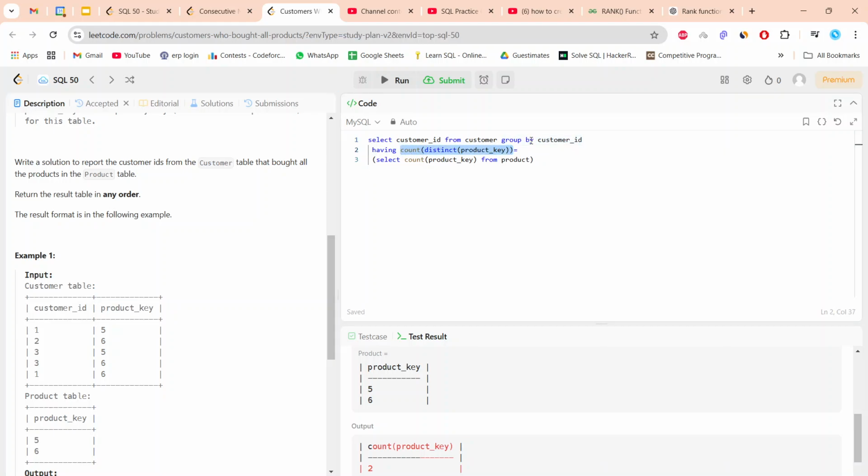So, first we have grouped the table by the customer ID and then we have found out the count of the distinct product key.